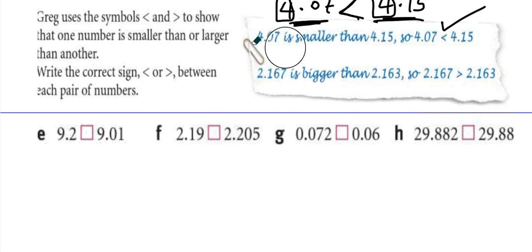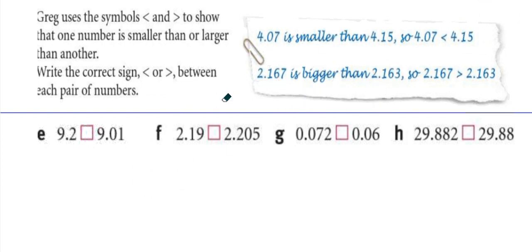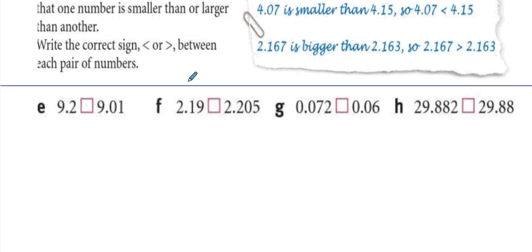Now, I hope that you had understood. Now, let us go to the question. Write the correct sign in all this. Okay, write the correct sign. 9.2, 9, you see this first number is the same, so you can't tell. But move to the next digit. Next digit is 9.2.